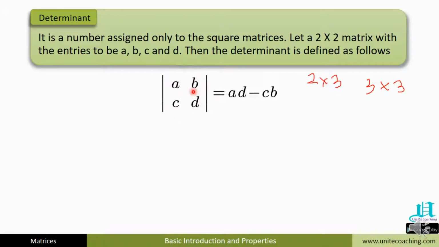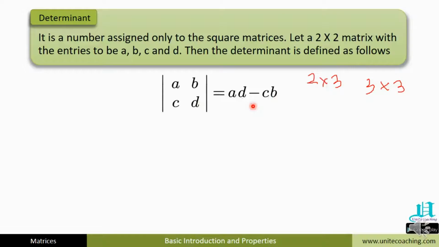To calculate the determinant, we compute AD minus BC: the product of these two numbers minus the product of these two numbers. This is how we calculate the determinant of a 2 cross 2 matrix.